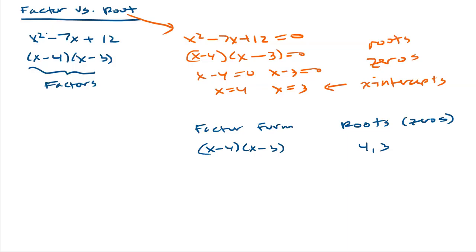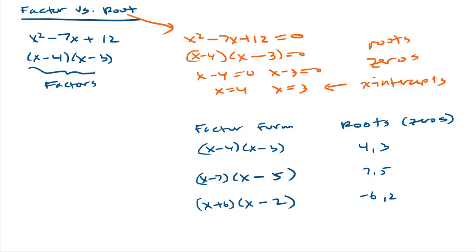If I have x minus 7 and x minus 5, what's going to be the roots there? Exactly, it's going to be 7 and 5. But if I have x plus 6 and x minus 2, what's going to be the roots there? Exactly, it's going to be -6 and 2.